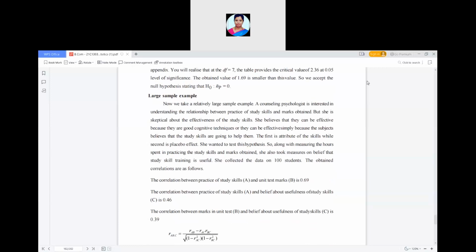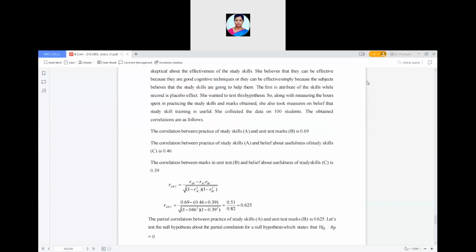Similarly, the correlation between B and C, the marks in the unit test and the belief about the usefulness of study skill, is 0.391.